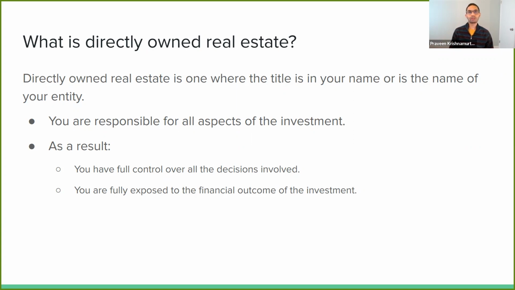All those decisions, you get to take based on your best judgment. And as a result, you're also fully exposed to the financial outcome of the investment. That means if there are losses or profits or any lawsuits, you will be front and center of the investment. That is what directly owned real estate means.